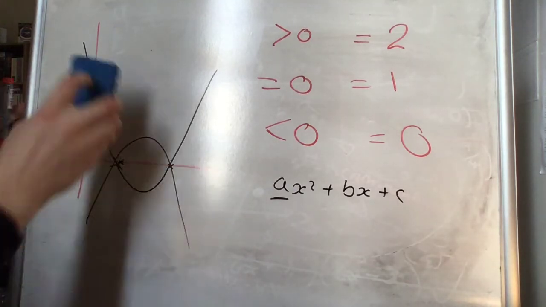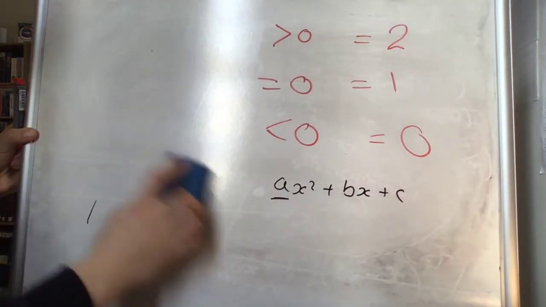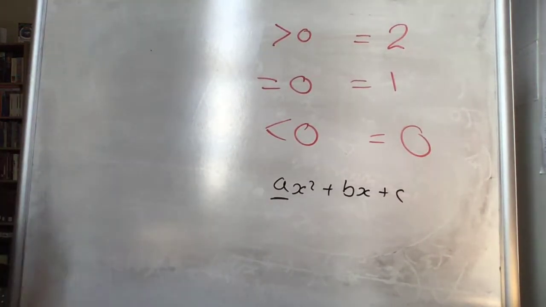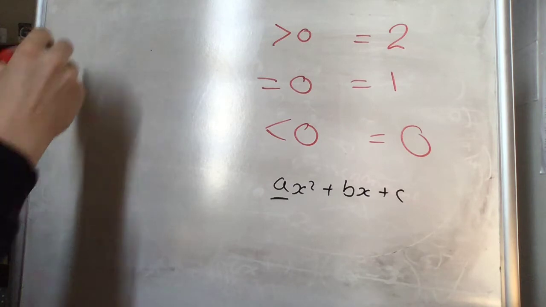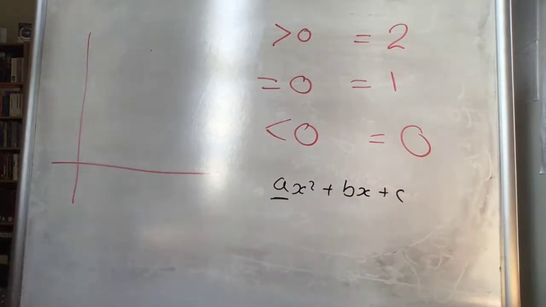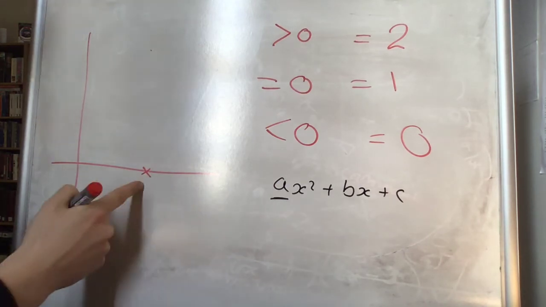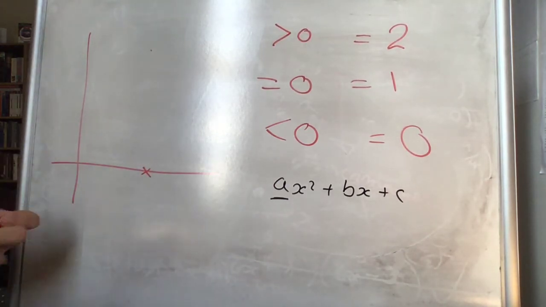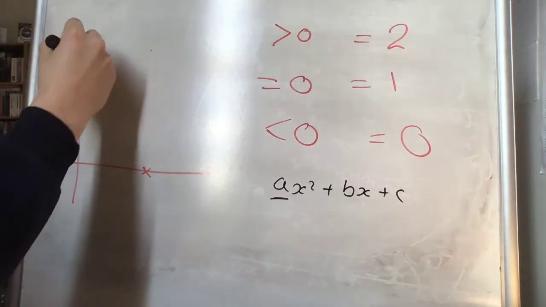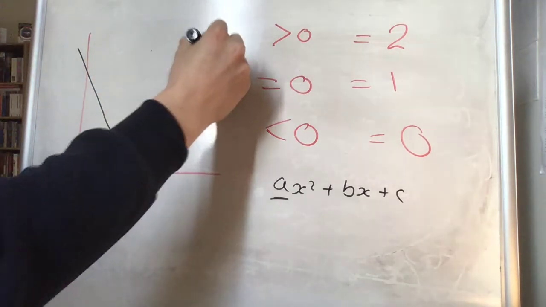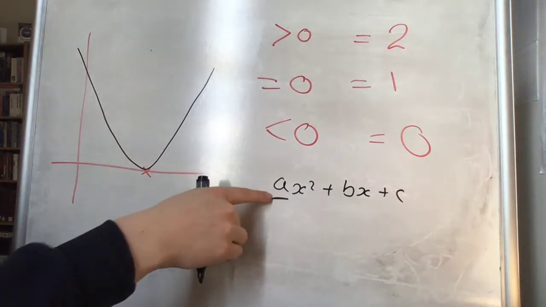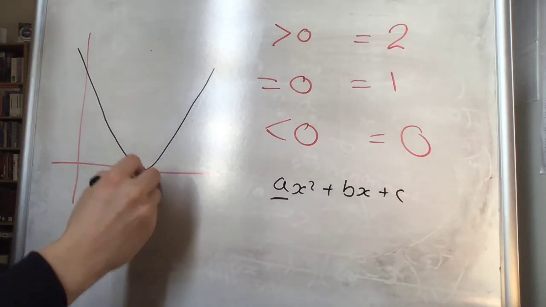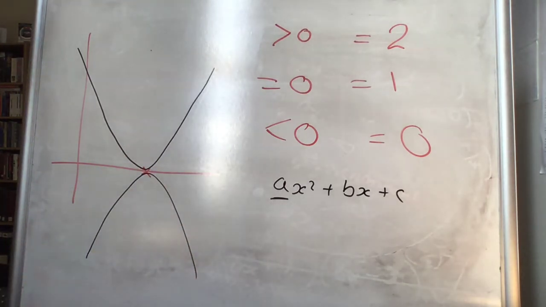If we've got a repeated root, so let's say we've got b squared minus 4ac is equal to 0, and we sketch this on a graph, then it's just going to have one repeated root. So that means it's only going to just touch the x-axis at one point. And so if this is positive, we're going to get a graph that looks a little bit like that. And if it's a negative ax squared, we're going to get a graph that looks a little bit like that.